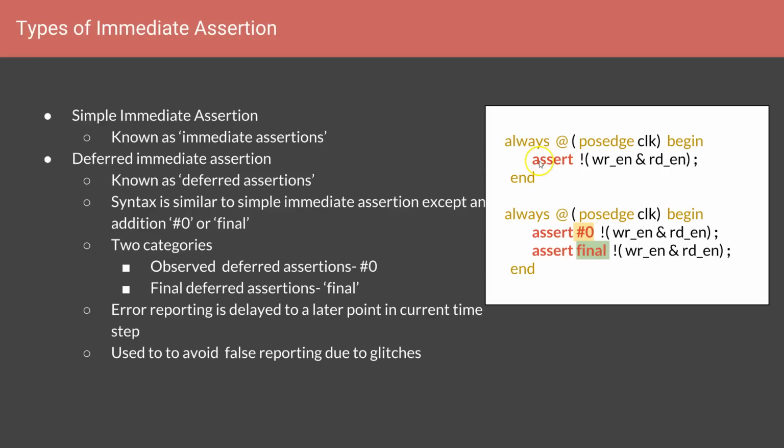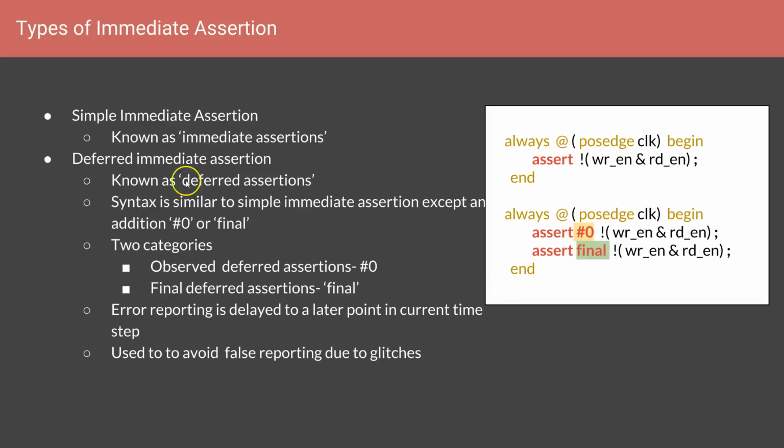What you have learned so far is just a simple immediate assertion using a simple assert statement, and a deferred immediate assertion is specified by adding a hash 0 or a final to a simple immediate assertion. So this is the equivalent deferred immediate assertion statement for the first assert statement, and the syntax is similar except for the hash 0 or final.